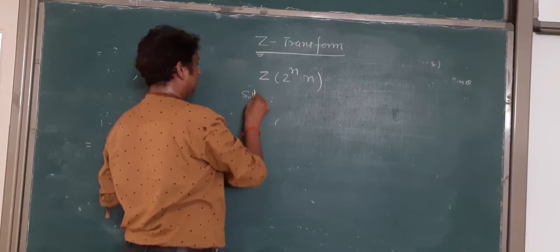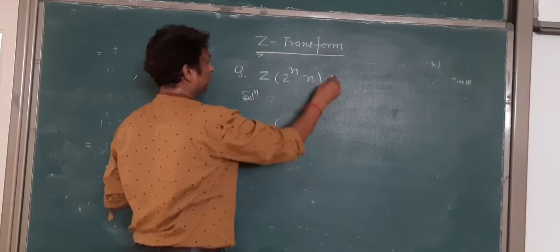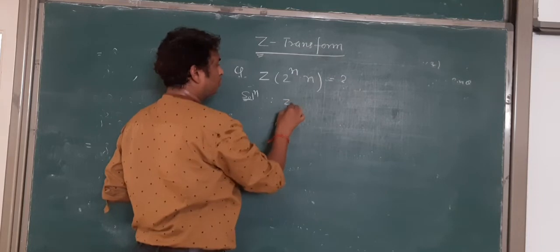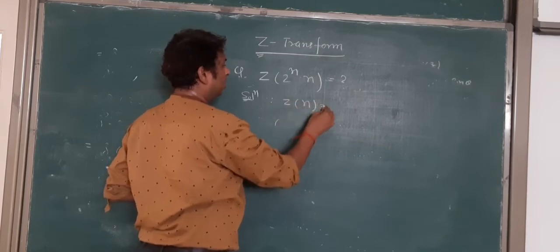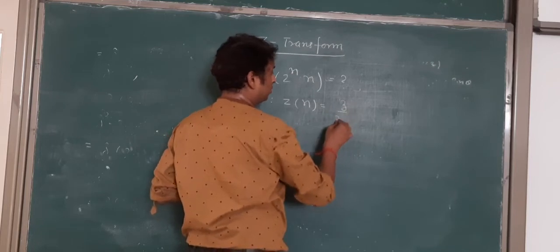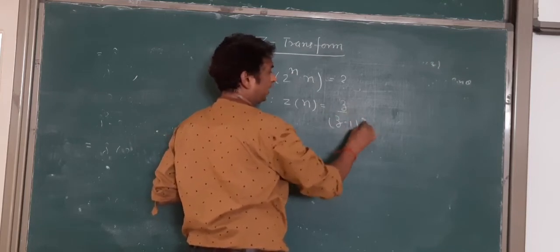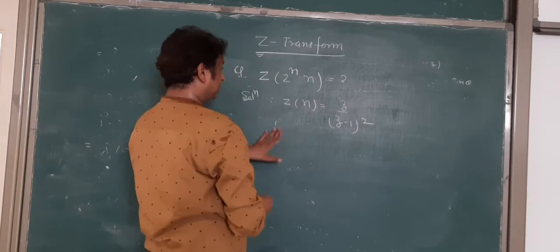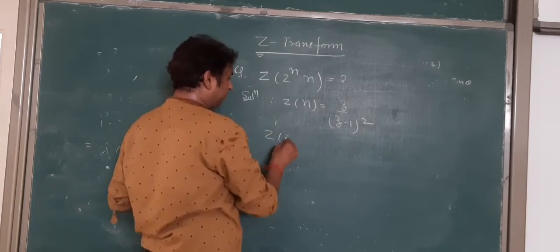Solution. We know z of n is z upon z minus 1 whole square. Correct? So now n is multiplied with 2 to the power n.